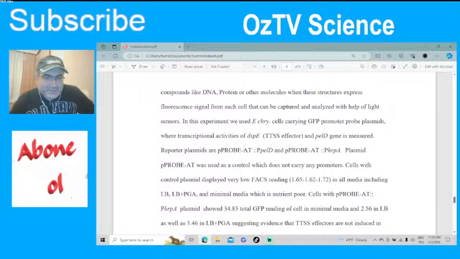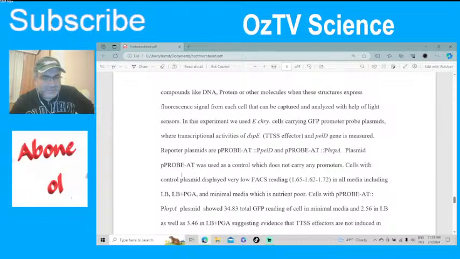So the transcription activities of DspE and pelD gene is measured. The reporter plasmids are, see this one reporter plasmid, pelD plasmid, and then the second one hrpA plasmid.